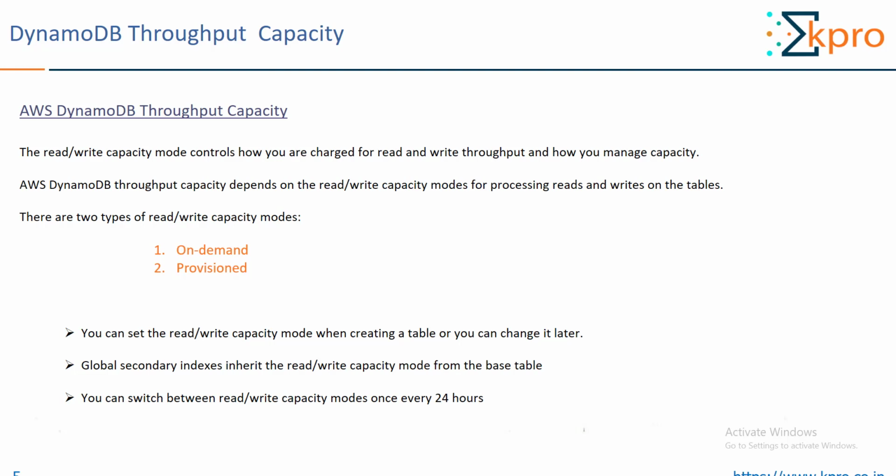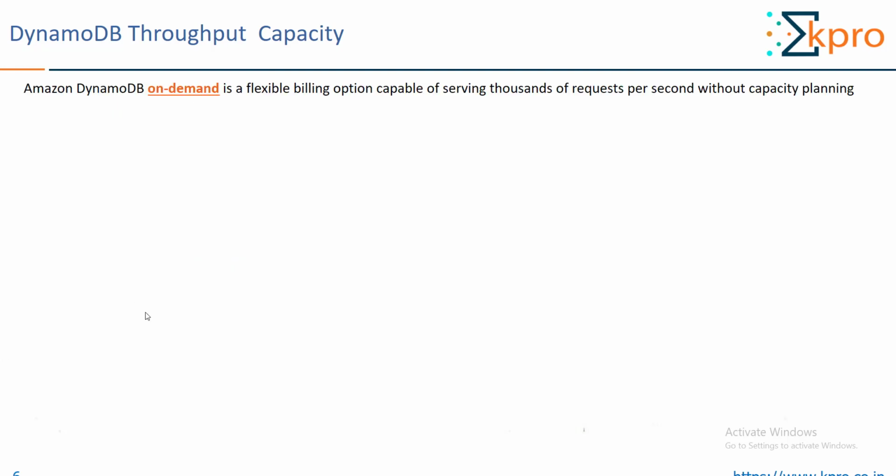Now we'll discuss what is on-demand. Amazon DynamoDB on-demand is a flexible billing option capable of serving thousands of requests per second without capacity planning. There is a read request unit and a write request unit.